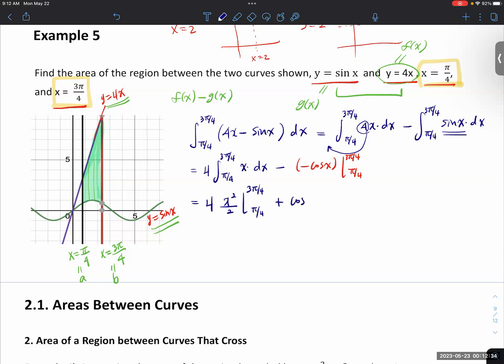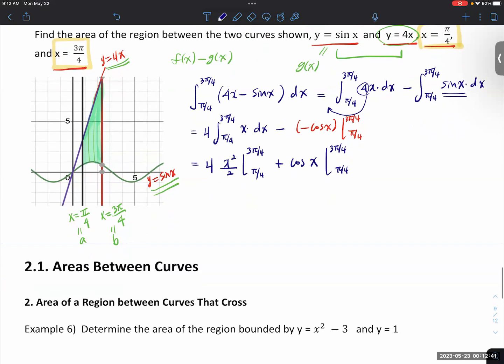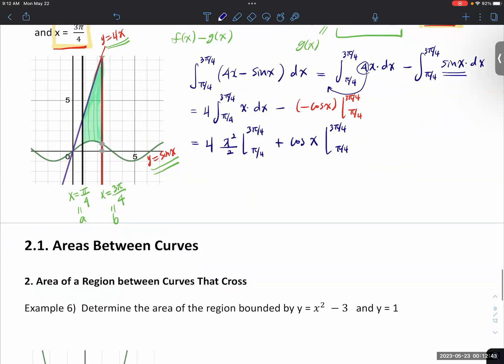Double negative changes to positive, so plus cosine x from pi over 4 to 3 pi over 4. Okay, we're going to keep simplifying. This is going to be 4 divided by 2, x squared, from pi over 4 to 3 pi over 4, plus cosine x, from pi over 4 to 3 pi over 4.